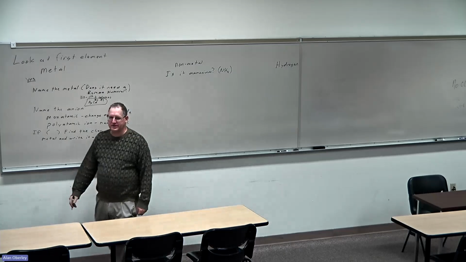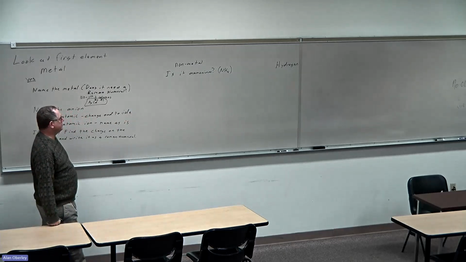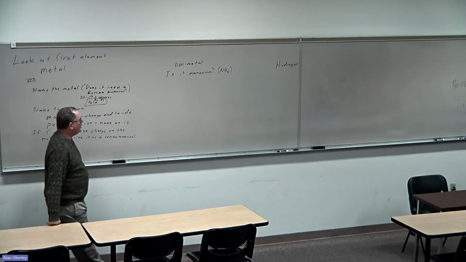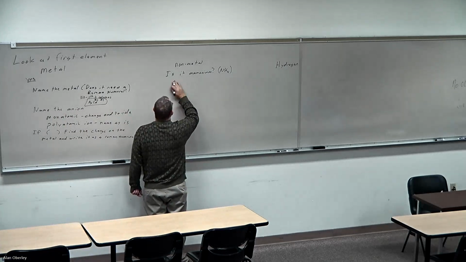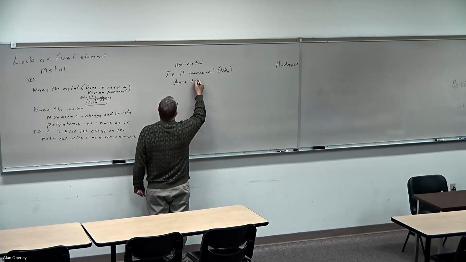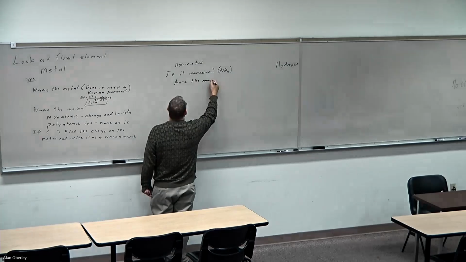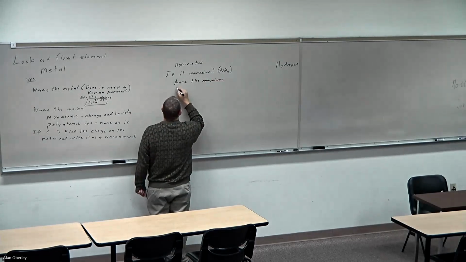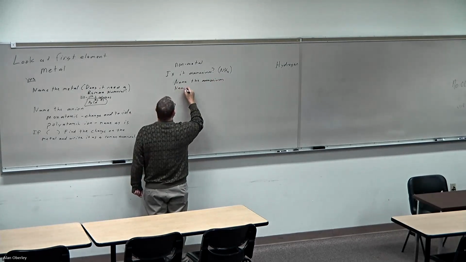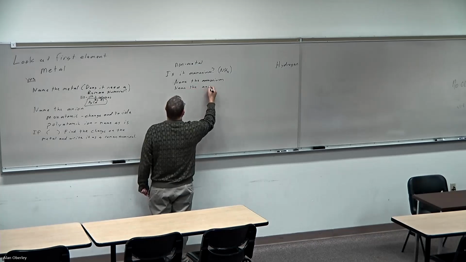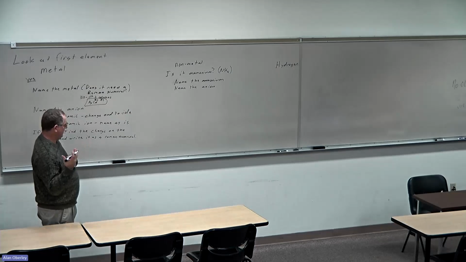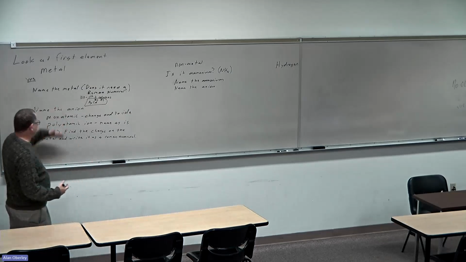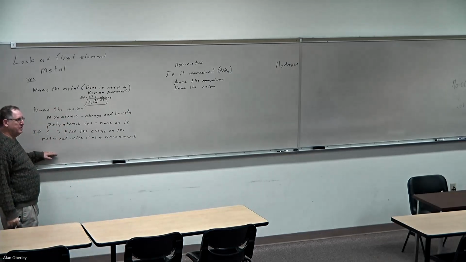I put the NH4 in parentheses because a lot of times it will be in parentheses, although not always. So if it's ammonium, we're going to name it ammonium and then name the anion just like we did over here.